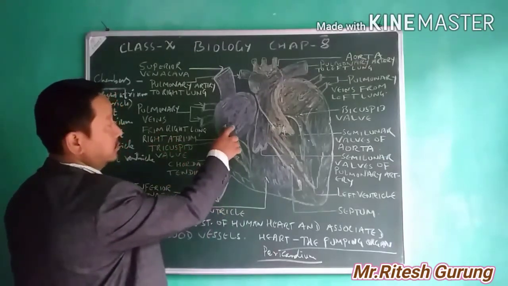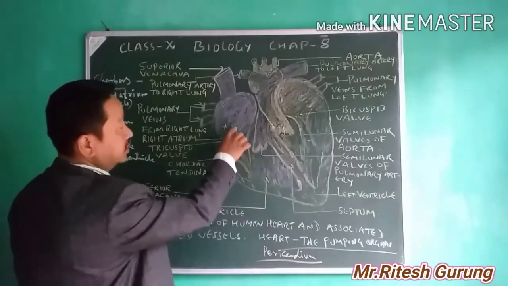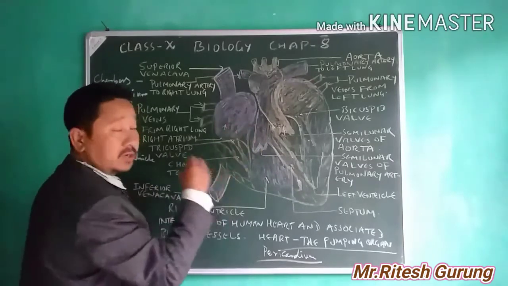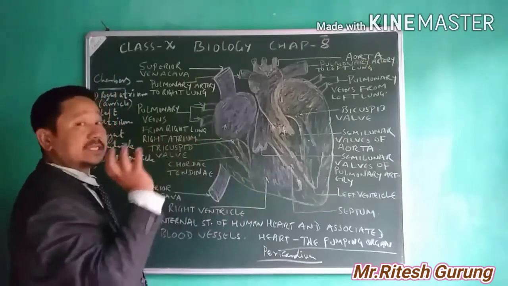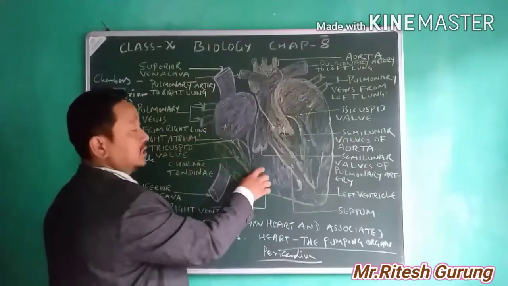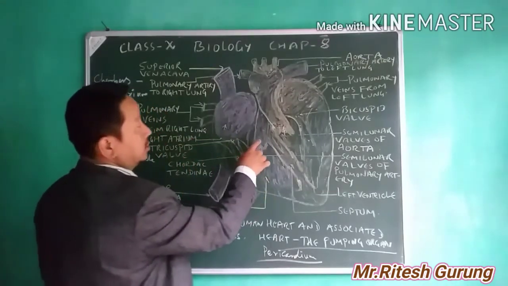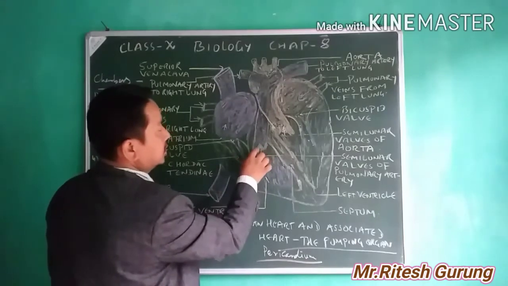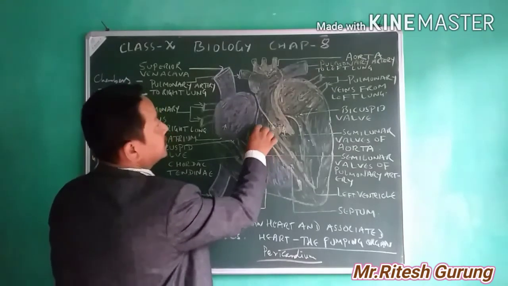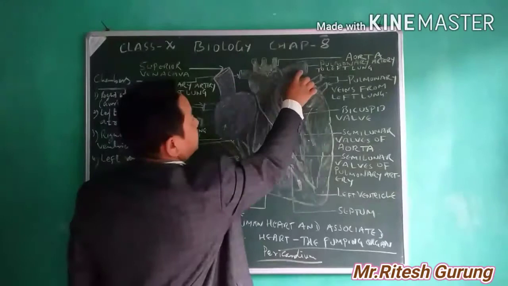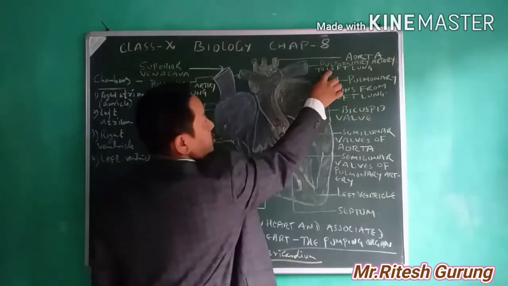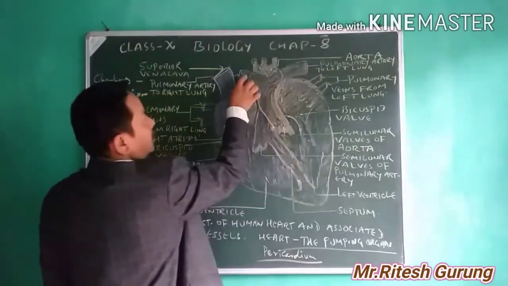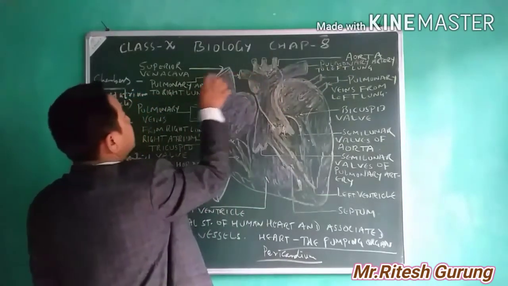receive the blood coming from here. After receiving the blood from this right atrium or auricle, the right ventricle will send the impure blood through this, called the pulmonary artery, to the left lung, and the other side of the pulmonary artery to the right lung.